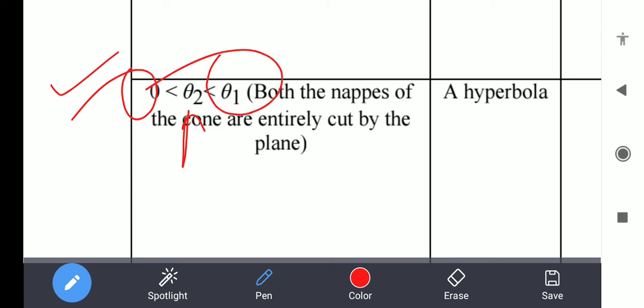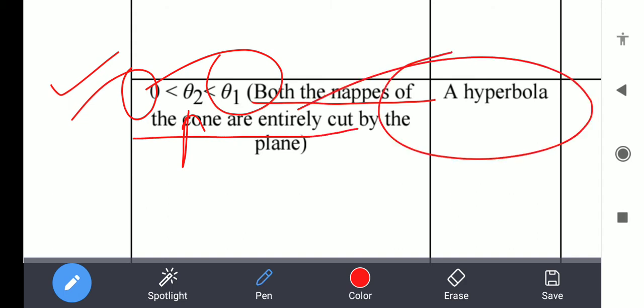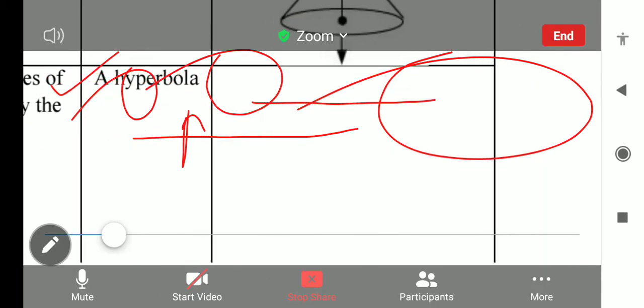In this case, both the naps of the cone are entirely cut by a plane, and a conic is formed, a hyperbola. Here theta 2, which is the angle between plane and axis, is greater than 0 degree but less than the angle between generator and axis, and a hyperbola is formed.